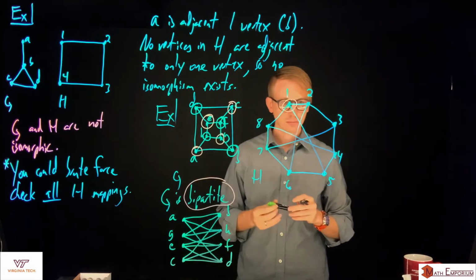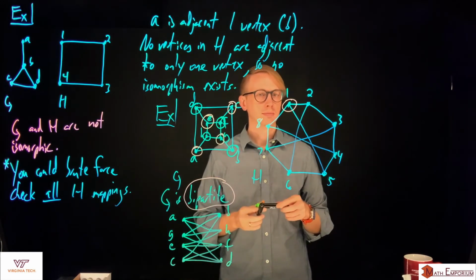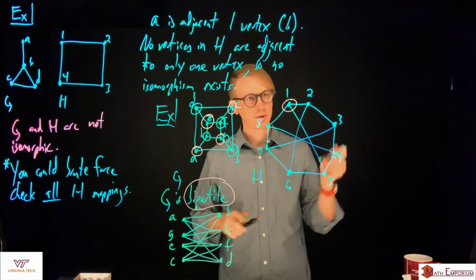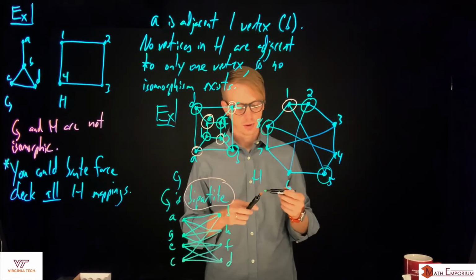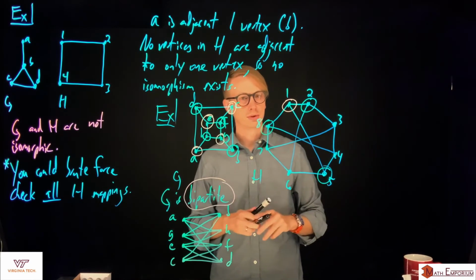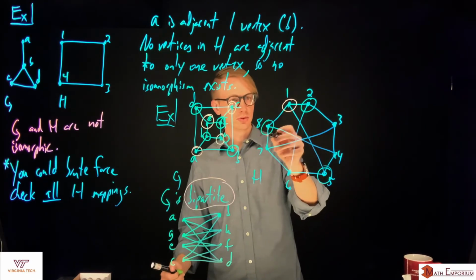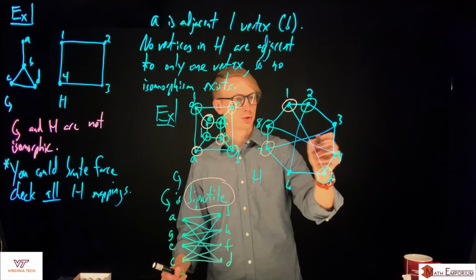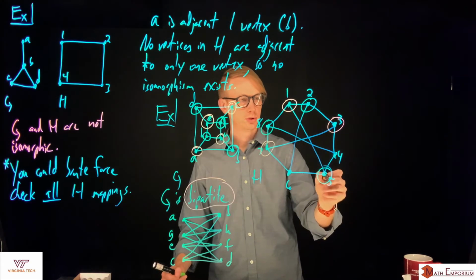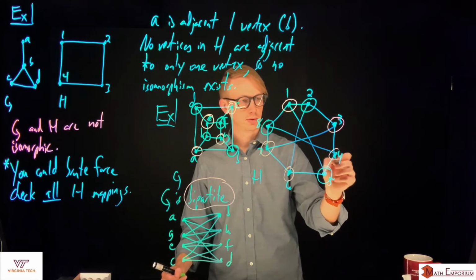Now, what is 1 adjacent to? It is adjacent to 2, 8, and 5. All right. And then I'll go to 2, 5, and 8 and circle everything orange that it's adjacent to. So it's orange, orange, orange, orange.